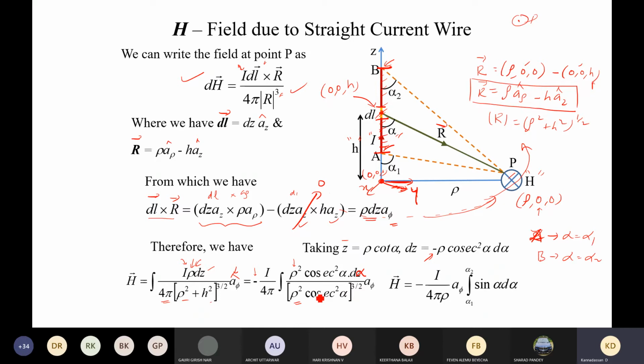So you can put this here, and you will get rho cube cosecant cube alpha, and then this and this you can cancel, this and this you can cancel. You will get cosecant, and that you can bring to the top as a sine. Is there any doubt you have up to this step?